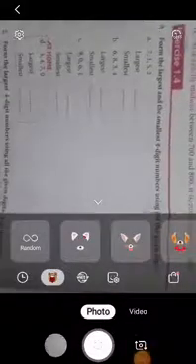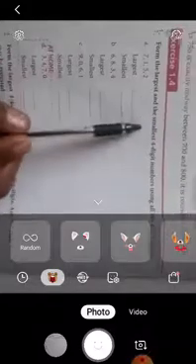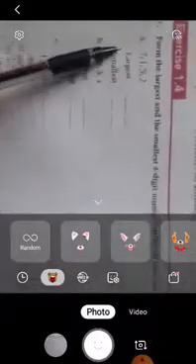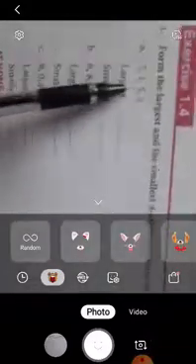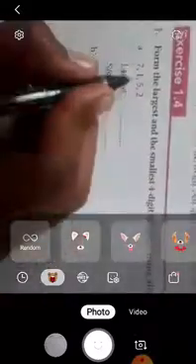Exercise 1.4. Form the largest and the smallest four-digit numbers using all the given digits. See, students, the given digits are 7, 1, 5 and 2. The largest number is 7, 5, 2 and 1.